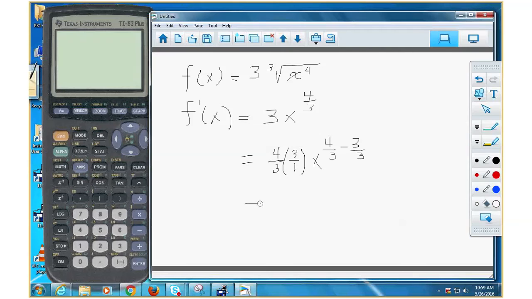That's going to give us, what happens to the 3's? And 4 over 1 is 4. X to the what? 1/3, or if directions dictate, 4 cube root of x.